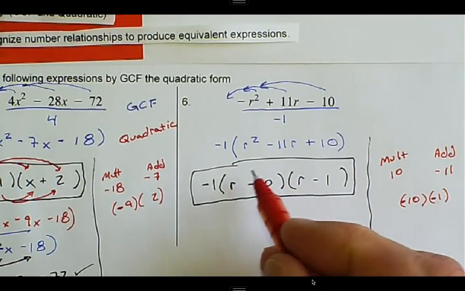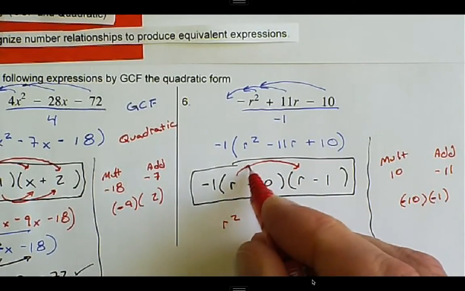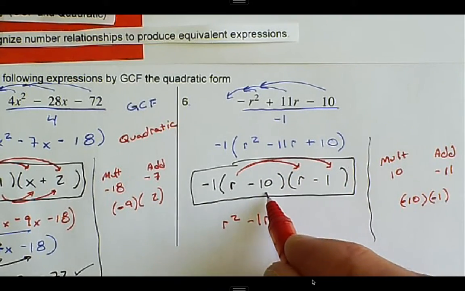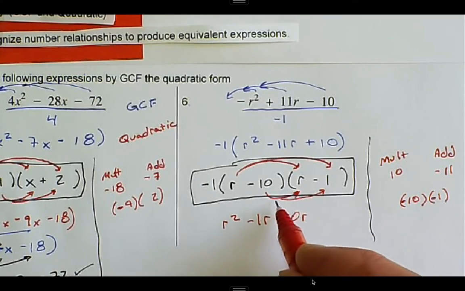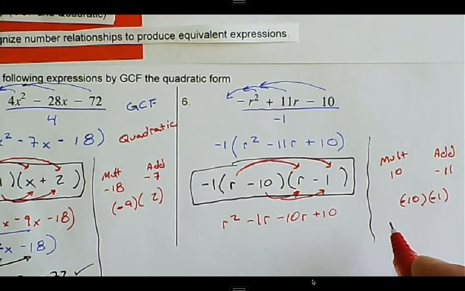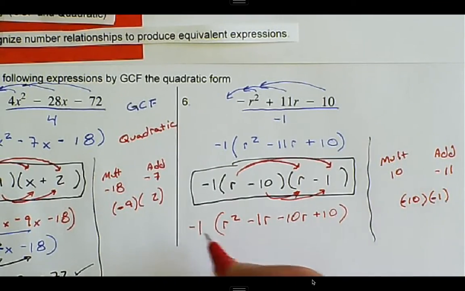So again, we'll distribute. R times r is r squared. R times negative 1 is negative 1r. Negative 10 times r is negative 10r. And negative 10 times negative 1 is positive 10. So that's all set, but we still have the negative 1 there.